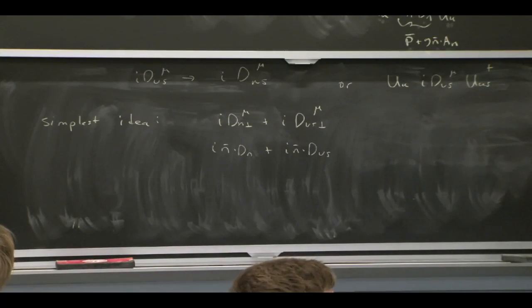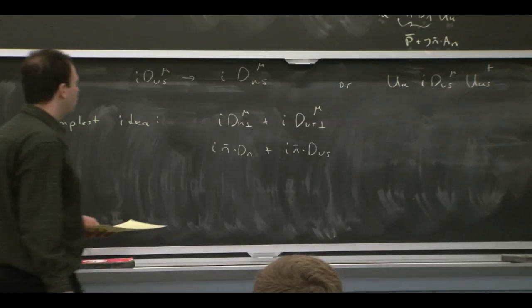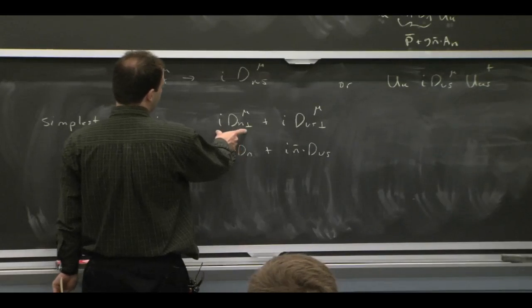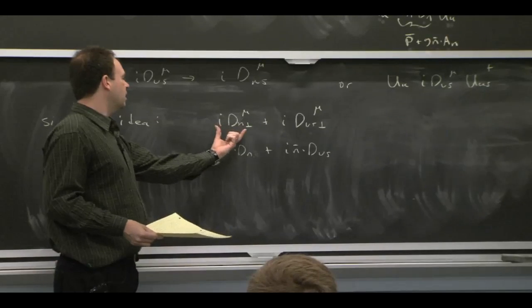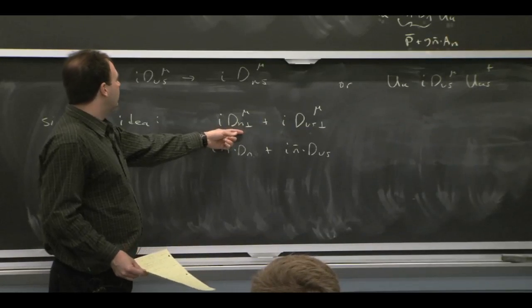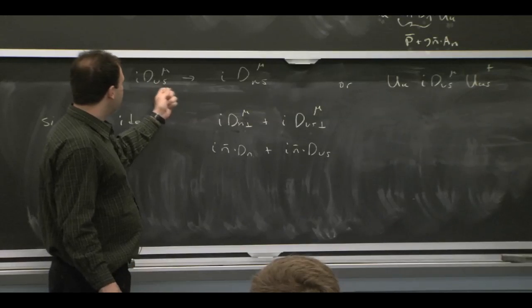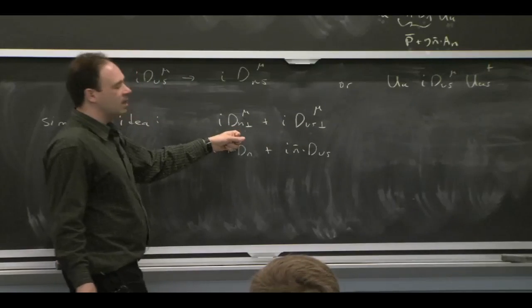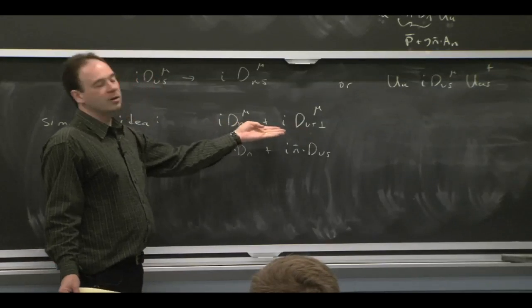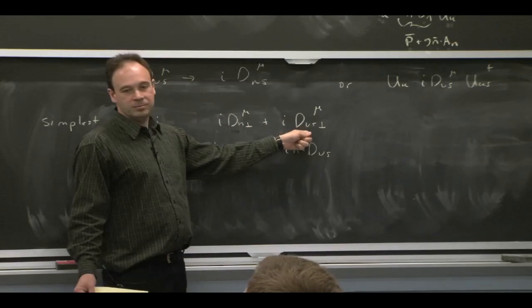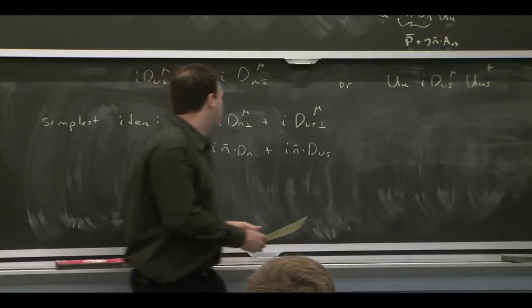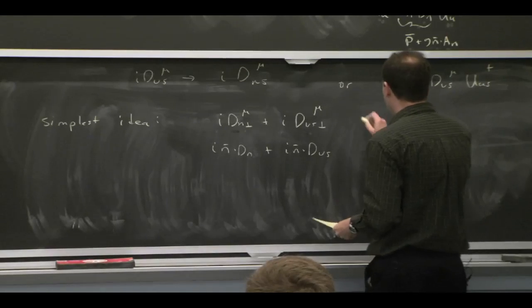And that doesn't work. The reason that doesn't work is that if you look at these two pieces, they don't transform in the same way. So if I were to build operators out of this guy that are gauge invariant, then when I looked at the collinear transformation, because this guy doesn't transform and this guy does, this whole thing is not transforming. So if I just stuck this guy in, if this guy was invariant, this guy wouldn't be, and vice versa. Okay, so this doesn't work.